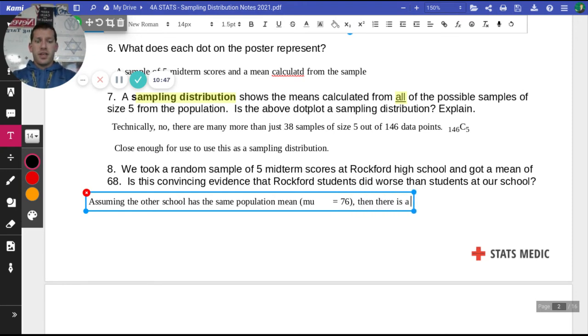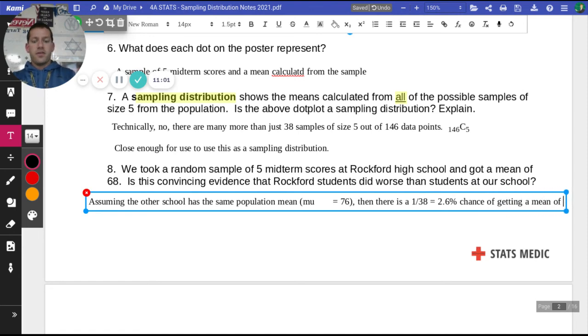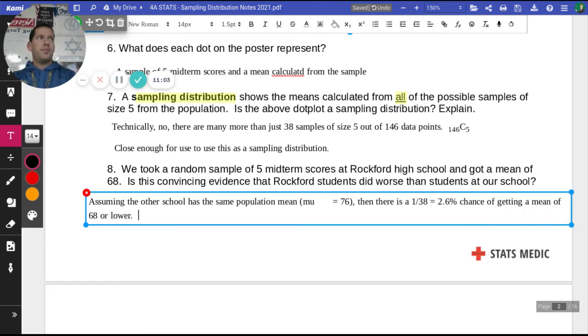then there is a 1 out of 38, which when I divide 1 divided by 38 gives me about a 2.6% chance of getting a mean of 68 or lower. So because that's so small, that's statistically significant.